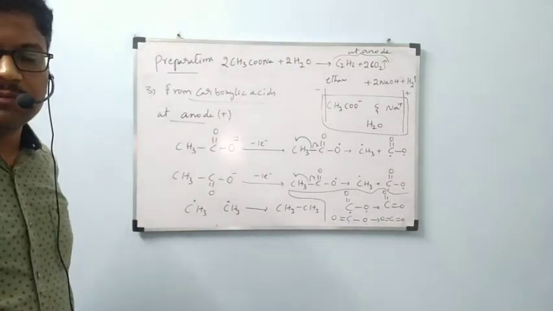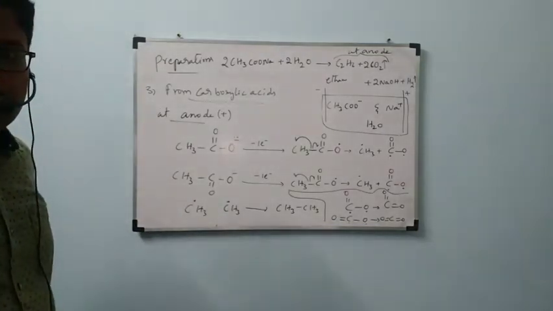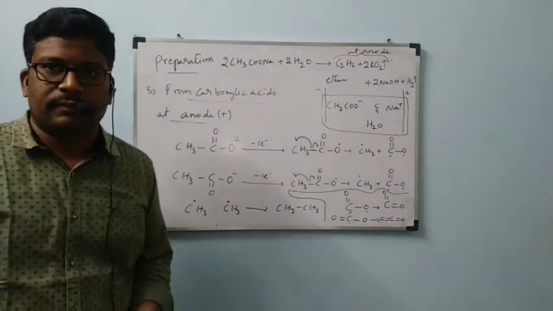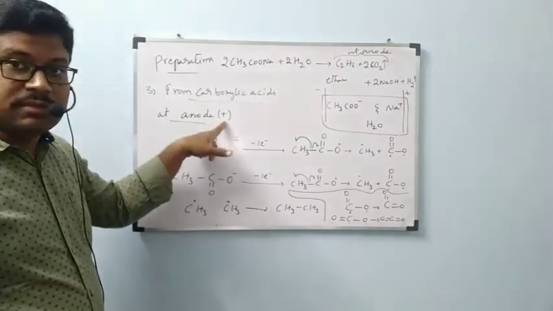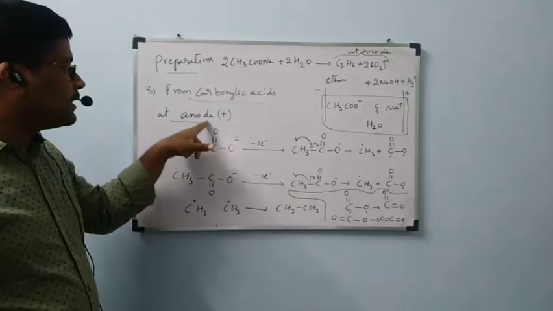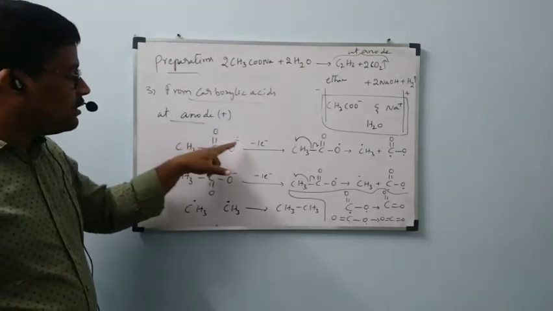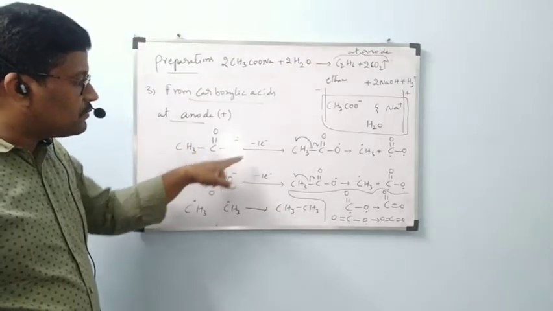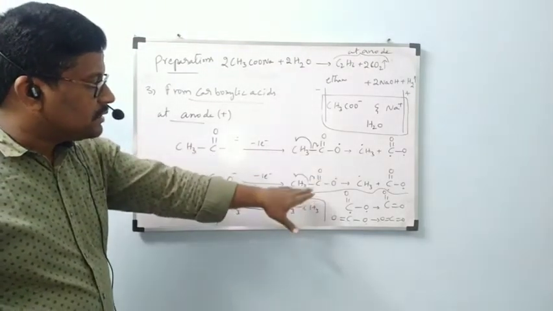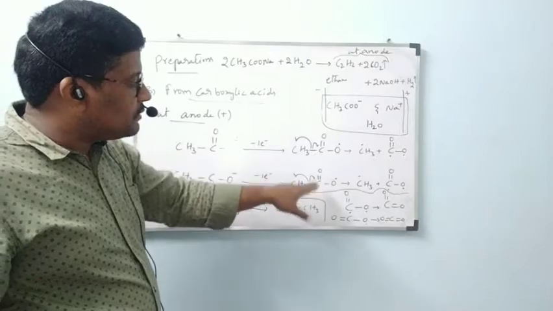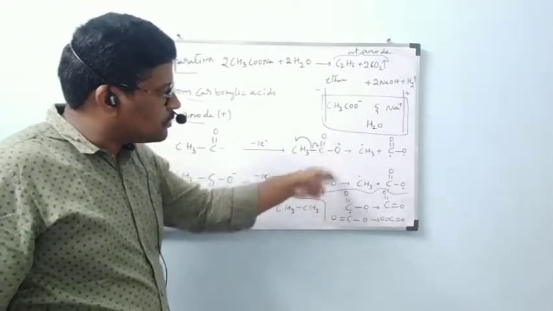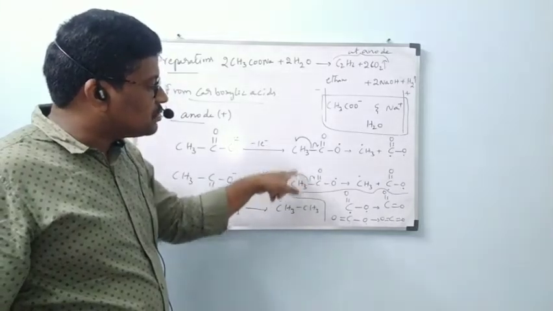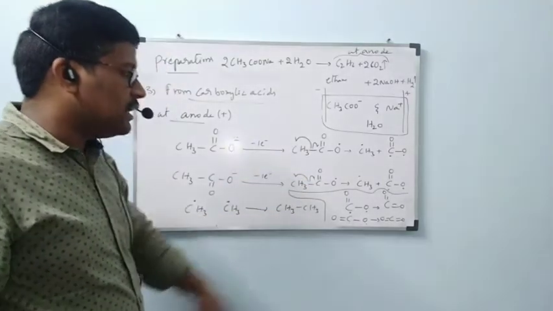All of you, please observe the reaction carefully. Once again, the anode is positive charge. Negative charge particles will be attracted towards the anode, in which 1 electron will be lost from 1 mole to form free radicals. This bond will be cleaved, this bond will be cleaved to form carbon dioxide, 2 moles of carbon dioxide, and these two CH3s will be combined to form ethane.